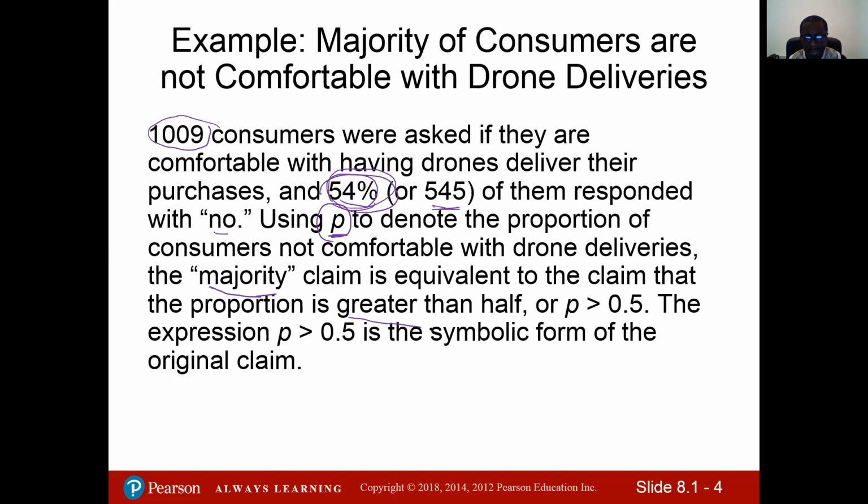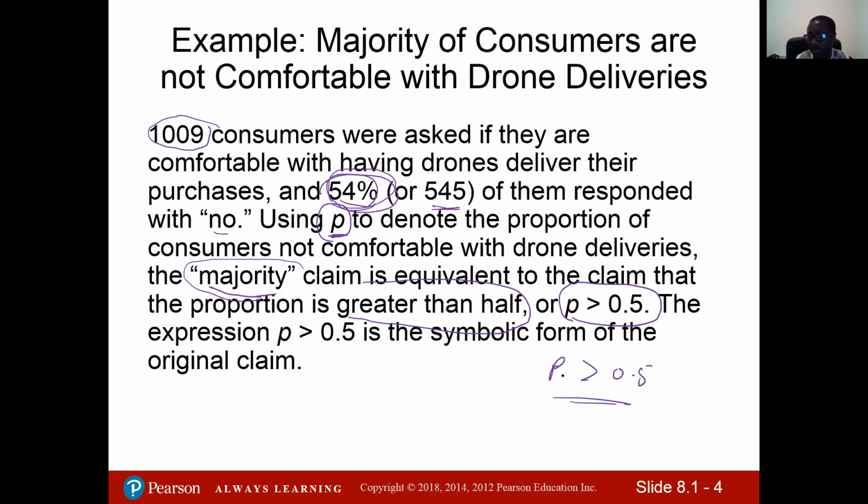Greater, all right? So when you say majority, we are talking about greater than what? 50-50. So in this case, symbolically, our claim is that p is greater than 50%.